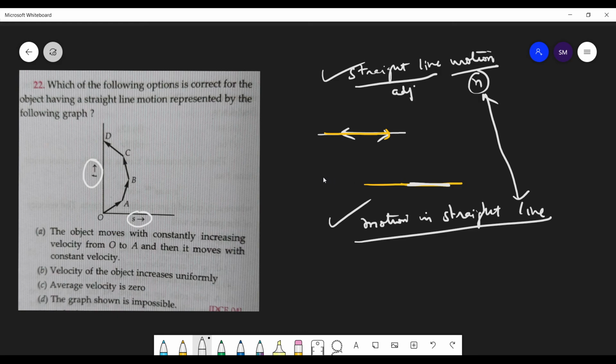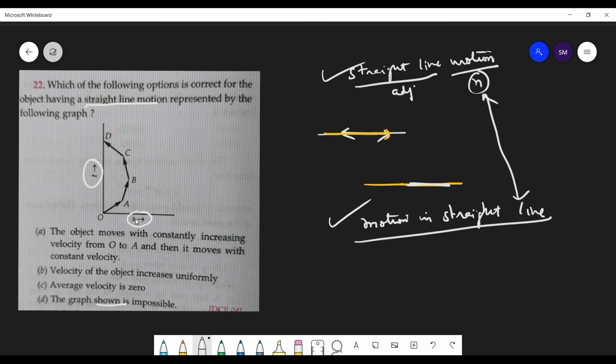Try to understand the question. You people just jump to the answer. So physics requires logic. First of all, have a feel of it. Start thinking logically. Okay. So what's the logic you have that this graph shown is impossible? Tell me. Sir, because distance cannot decrease.